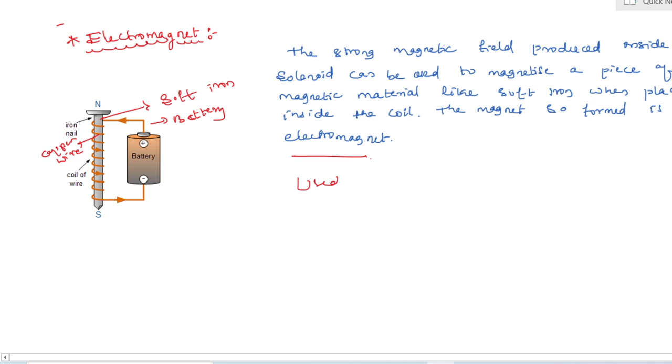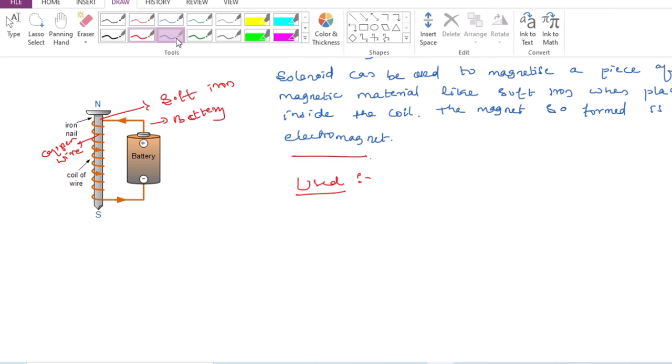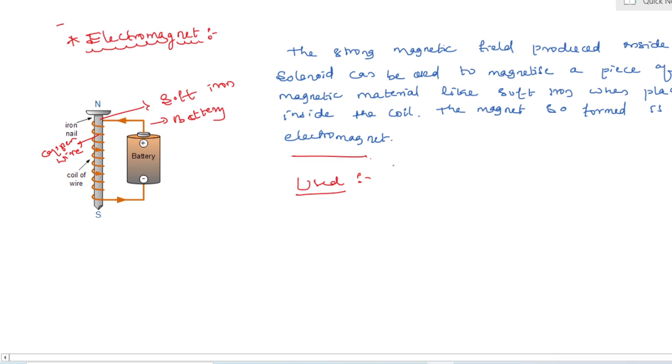Electromagnet is used in electric bells, electric motors, and loudspeakers. Yes, my dear students, these are the uses of an electromagnet.